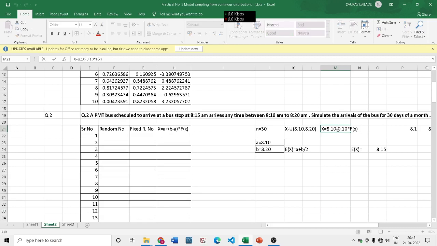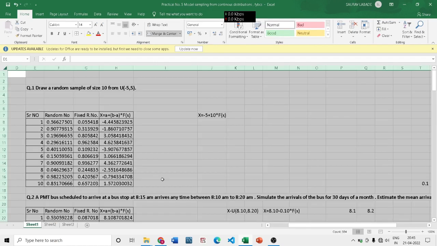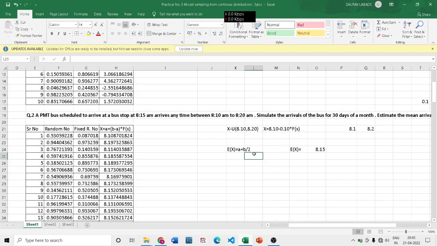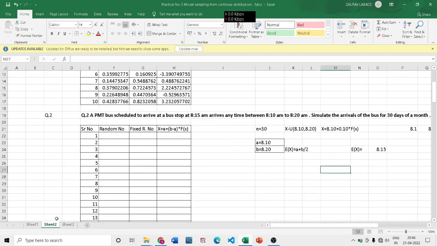So here it must be plus 0.10 into f of x. Firstly I will check the value whether I am correct or not. A plus b minus a. Here it is plus 0.10 into f of x. So we will do that first.